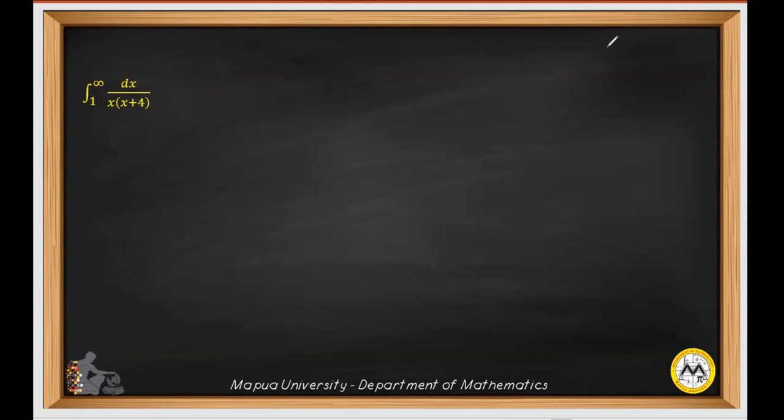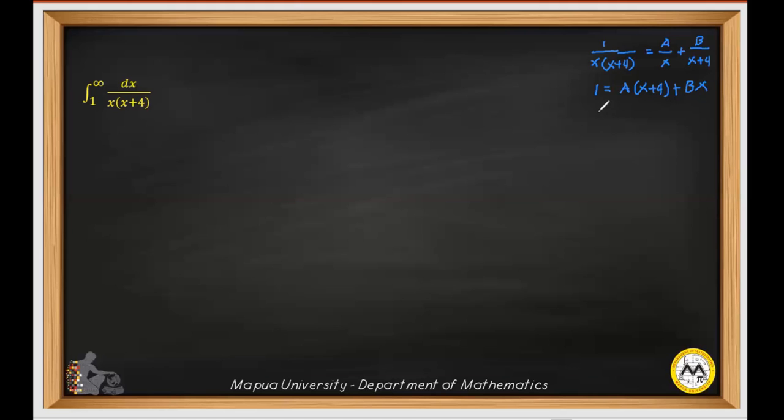Okay, if we have 1 over x times the quantity x plus 4, since we have two distinct linear factors, then we can decompose this as a sum of partial fractions, a over x plus b over x plus 4. And if we multiply both sides of the equation by the LCD x times x plus 4, then that will give us the left member equals 1 and the right member is a times x plus 4, plus b times x.